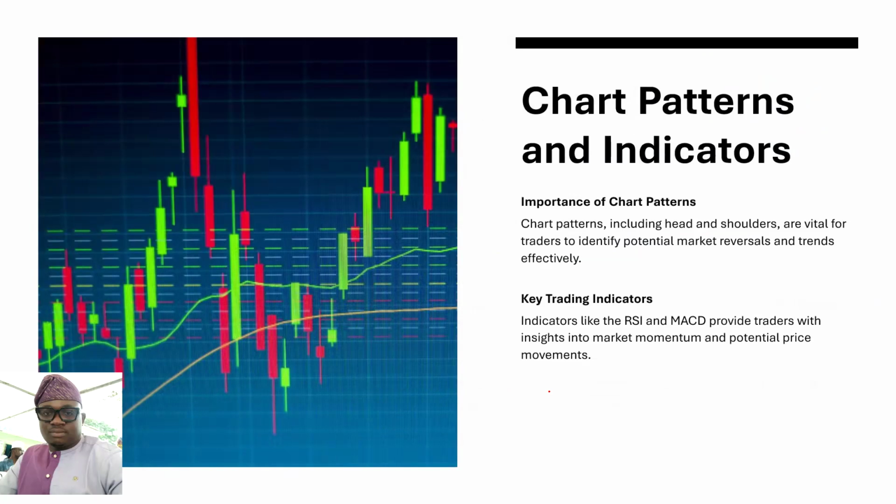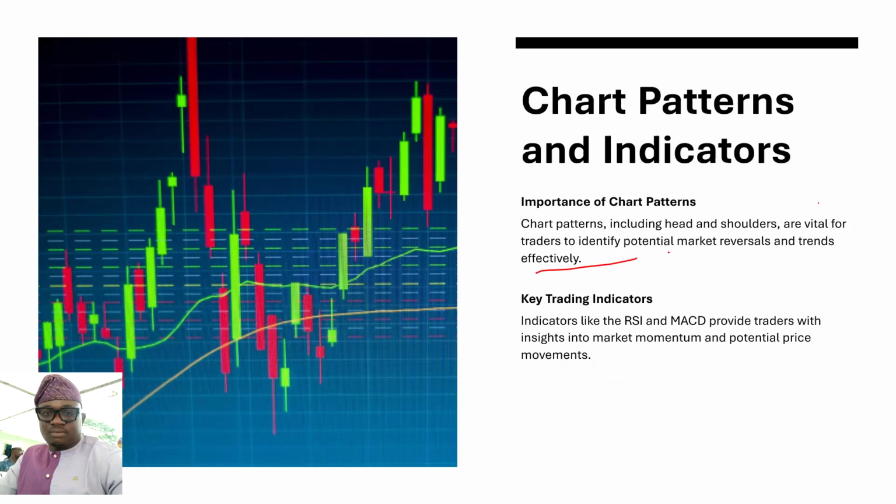So, chart patterns and indicators. These are part of the things that we do in the market. The importance of chart patterns: chart patterns, including head and shoulders, are vital for traders to identify potential market reversals and trends effectively.